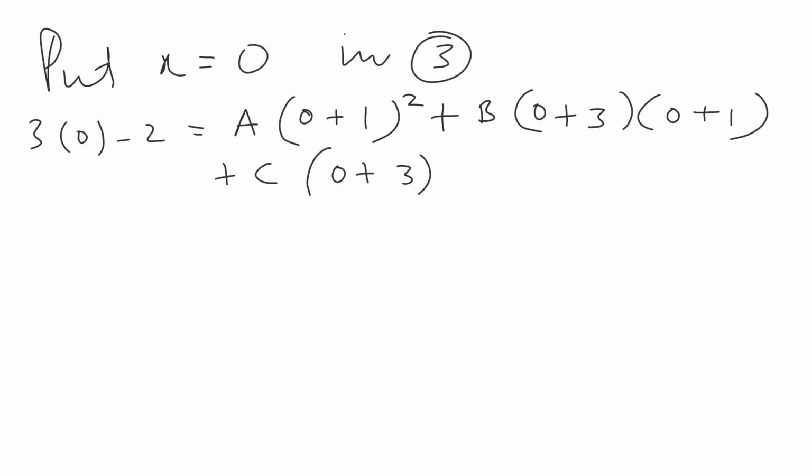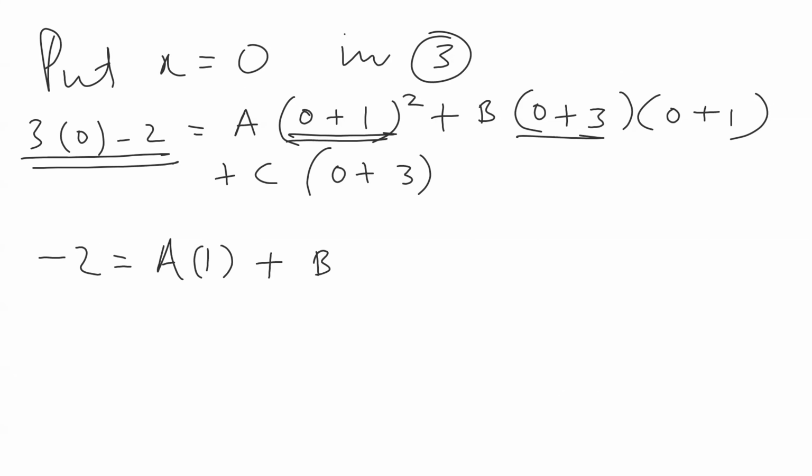Okay. So left hand side will be minus 2. A into 1 square, 1 square is 1, plus b into 3 into 1, that is 3, plus c into 0 plus 3, that is 3.